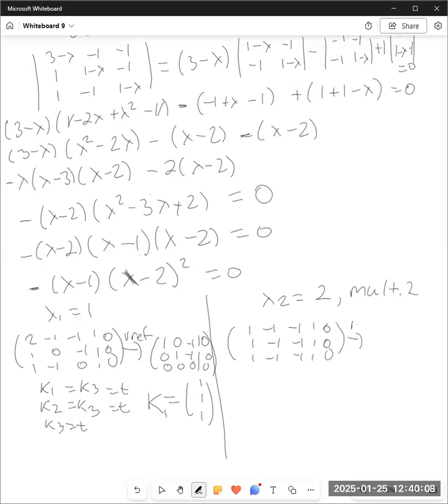So that, when I RREF it, turns into a system of 1, negative 1, negative 1, 0, 0, 0, 0, 0, 0, like so.